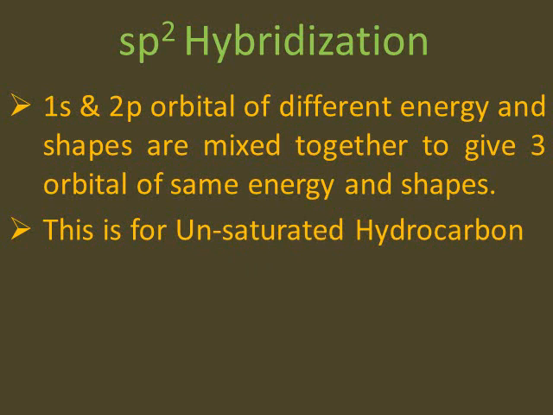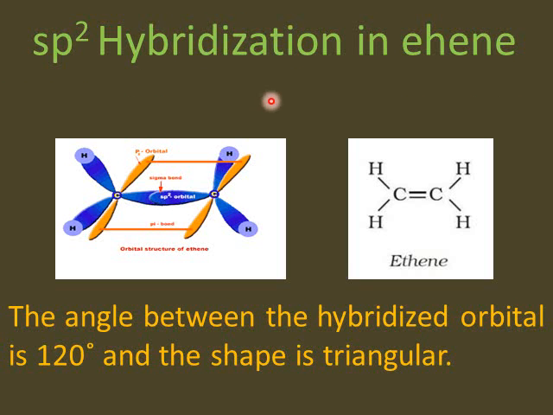Now let's discuss how. This is an example of sp2 hybridization. Ethene. Ethene belongs to alkenes, so unsaturation will occur. Double bond formation will take place.